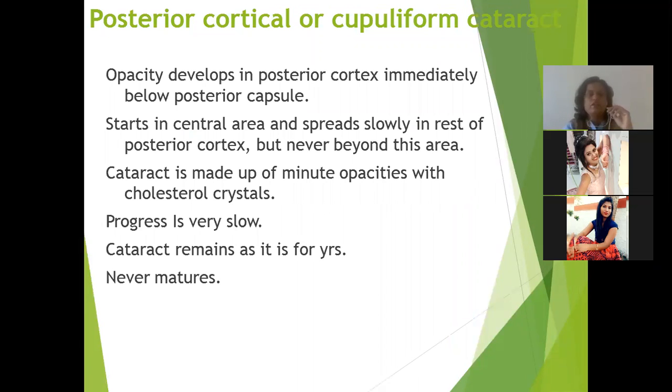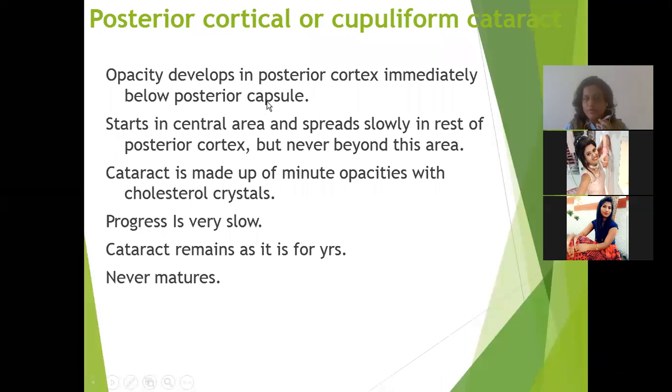Then posterior cortical or cupuliform cataract. In that, opacity develops in the posterior cortex immediately below the posterior capsule.